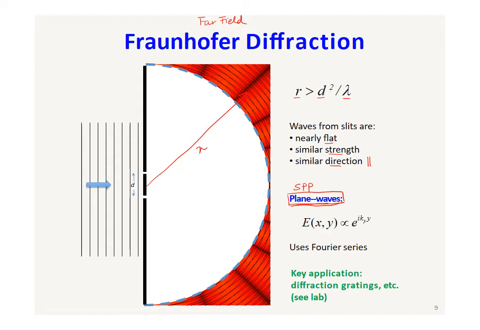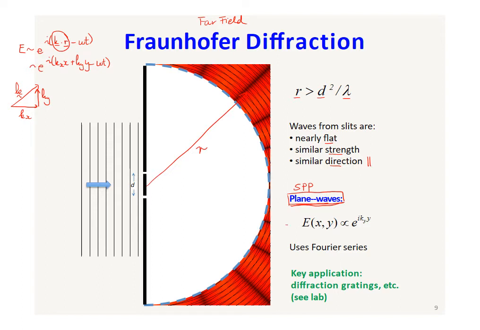As a quick aside, the electric field goes as e to the i k wave vector dot r position vector minus omega t, which if I expand out this becomes e to the i (kx x plus ky y minus omega t), where I have pulled out the k vector into its components, kx and ky.